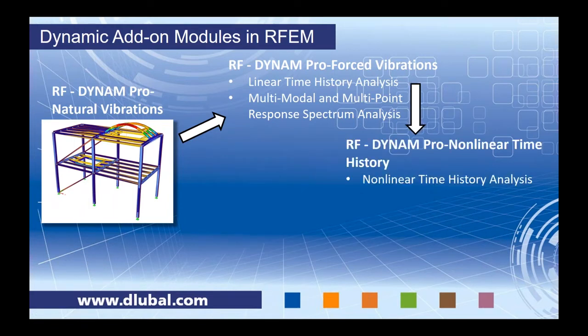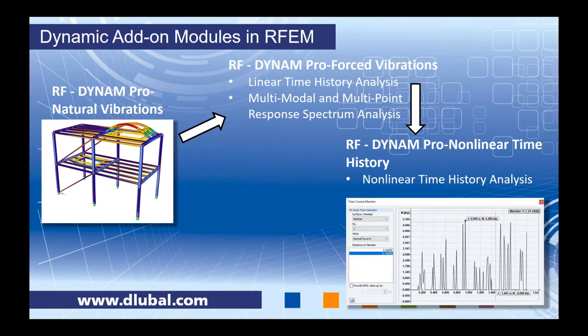Now, we've recently added RF-DYNAM Pro Nonlinear Time History. This is a module extension. You do have to have RF-DYNAM Pro Force Vibrations in order to add on this module extension, which provides nonlinear time history analysis. So now if we take a look at that exact same time course monitor for the same tension-only member, we see a little bit of a difference.